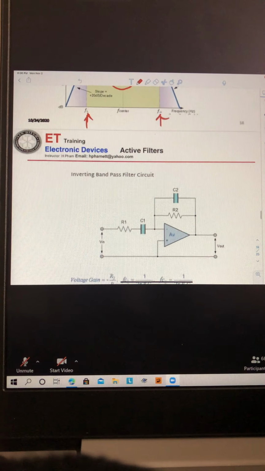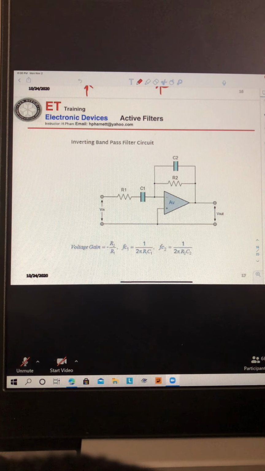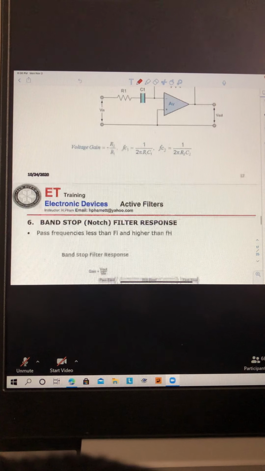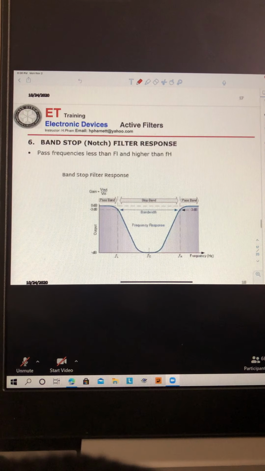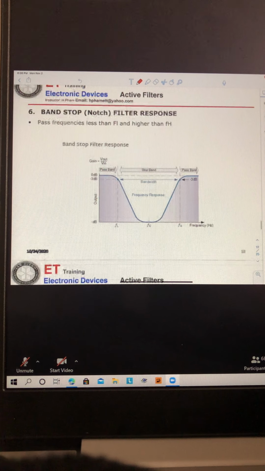Inverting band pass filter. They just give you the circuitry; I have nothing to talk about on this one. Okay? Last one, band stop filter, or notch filter. This is easy to understand.